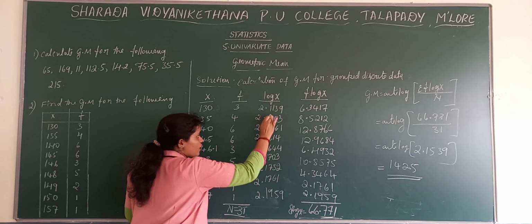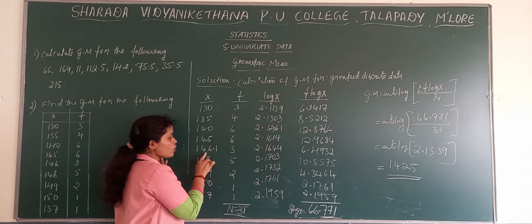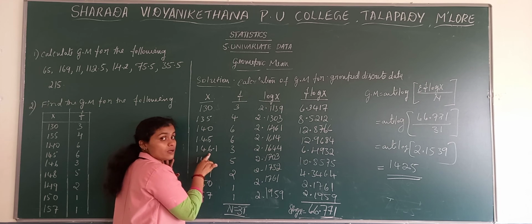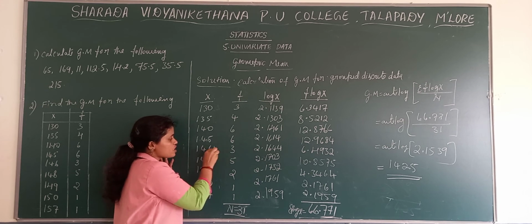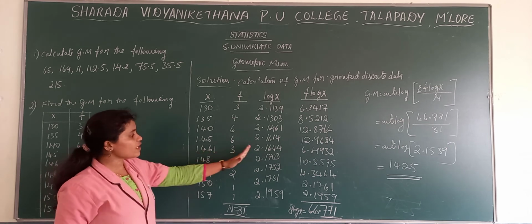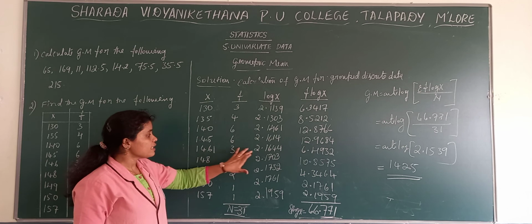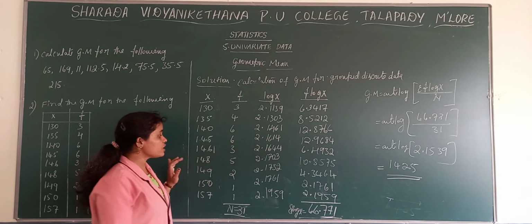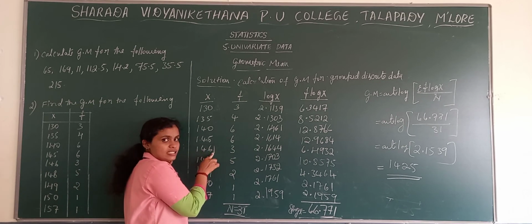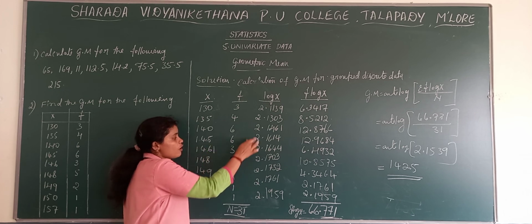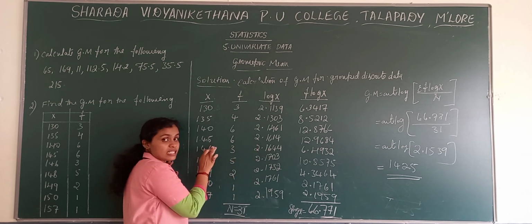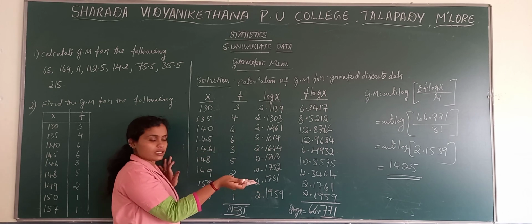We are considering it while writing the mantissa. For example, now 1461. How many digits? 4 digits minus 1, 3 point. If there is no decimal, we are considering. If there is a decimal, while writing characteristics, we are not considering the value after the decimal.